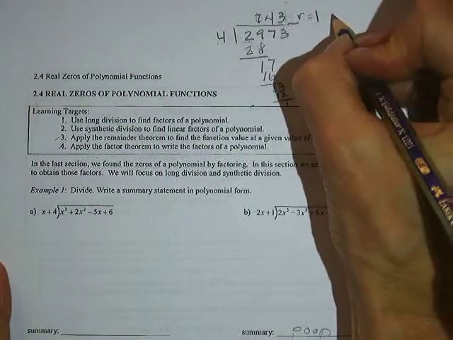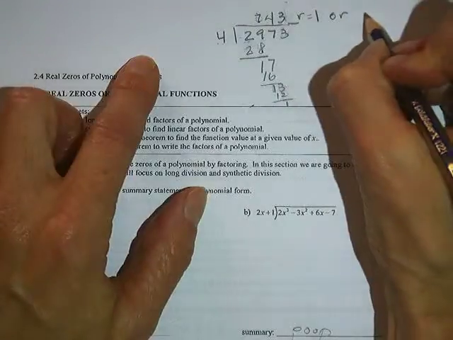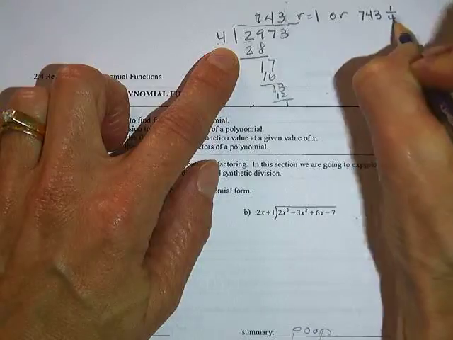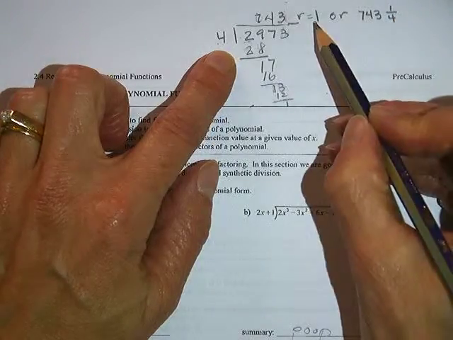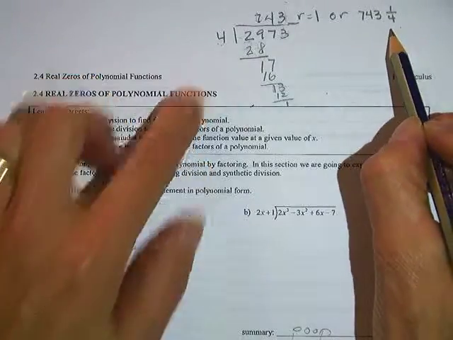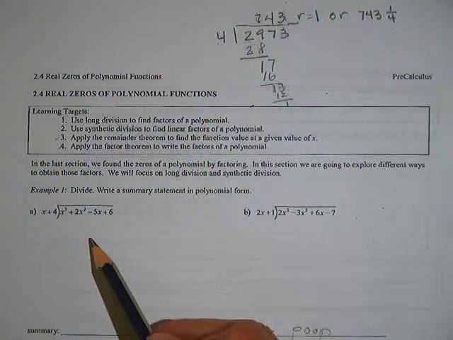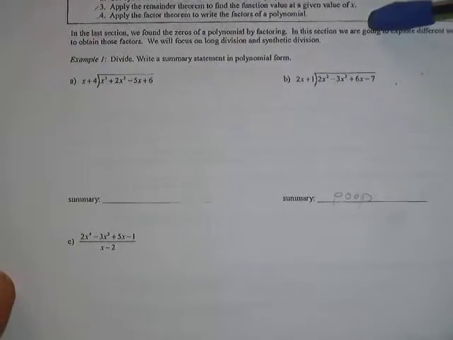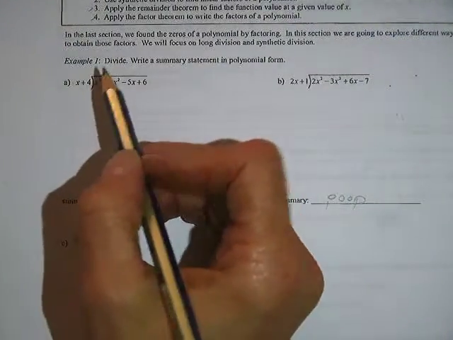We could write this as remainder 1, or we could write it as 743 and 1/4. Do you see that? Because it's 1/4, okay? We're going to keep that in mind as we do this over here. That's just a reminder. We'll flash back to that.